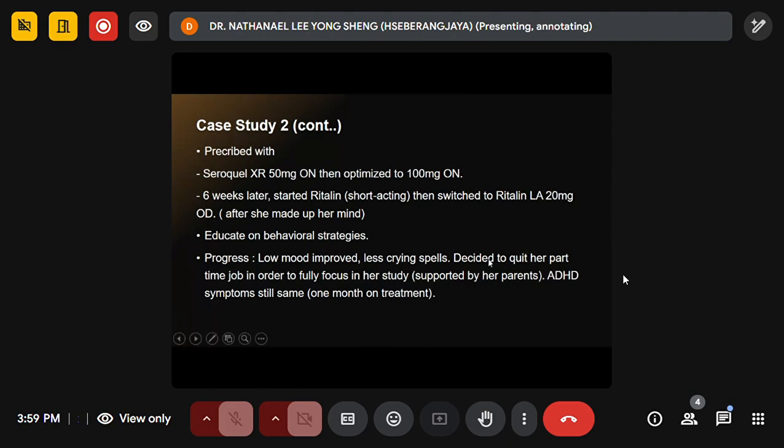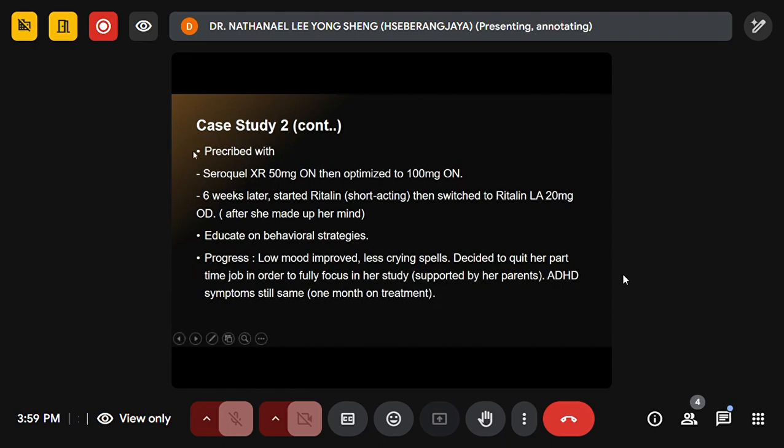For your information, earlier she had requested a letter to the university to defer, and after the letter was written and sent to the university, it was granted. So she now has another attempt at the exam and she feels relief. She decided to try all out for her exam with the ADHD treatment.